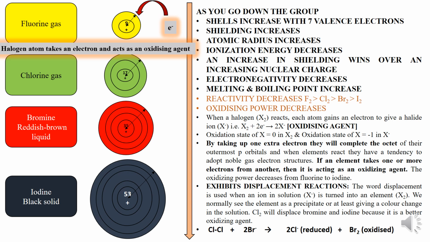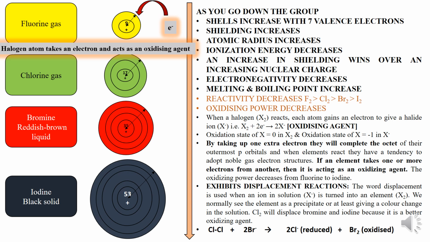Now going down the group, this tendency of the halogen atom to accept an electron decreases. It decreases because of the 6 highlighted points that I mentioned now.